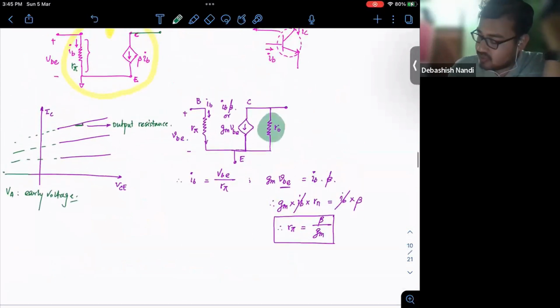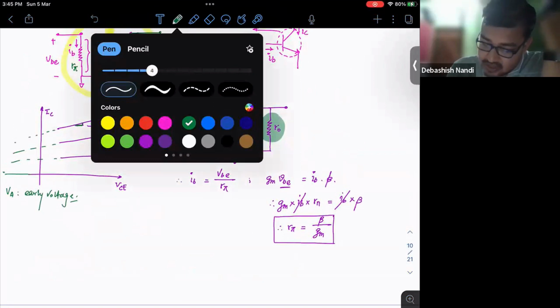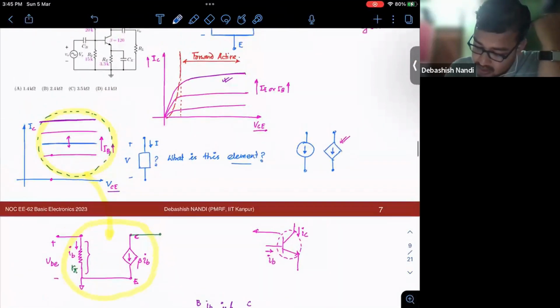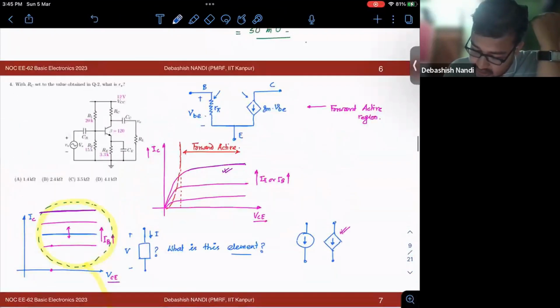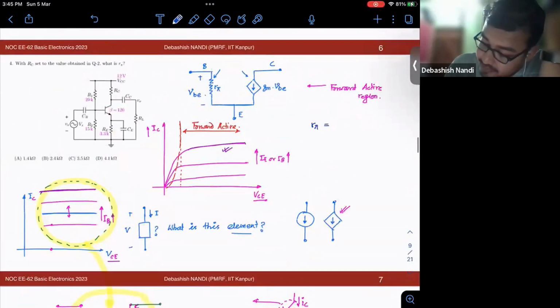Okay, so you know how to find RPI. Your question is, what is RPI, right? RPI is nothing but beta over GM. Beta, you know, is 120.